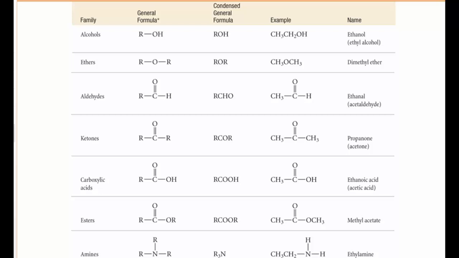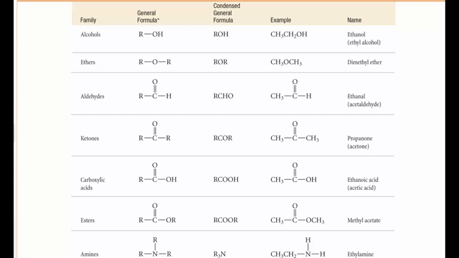You will come to find that we're going to give each of these a general formula, which has an R group with whatever the functional group is. And remember, we said that R can be any kind of chain or branch or ring. But the thing that makes it that type of molecule, for instance, in an alcohol, is we have an OH group attached to the rest of that R group. So that's what that general formula is.